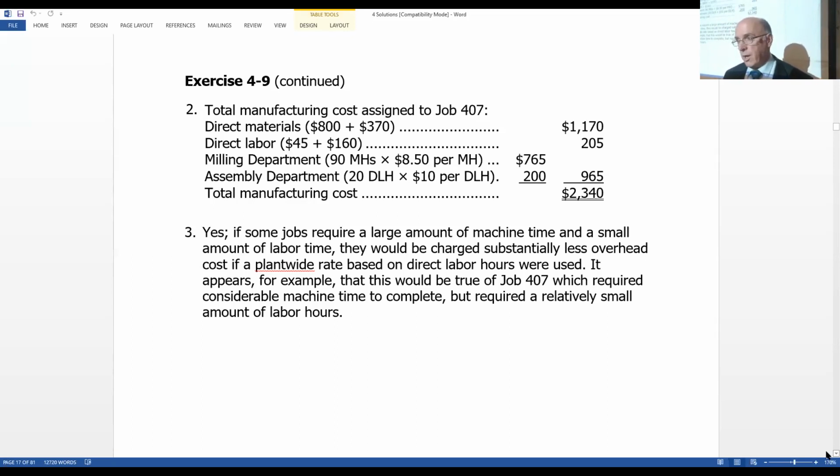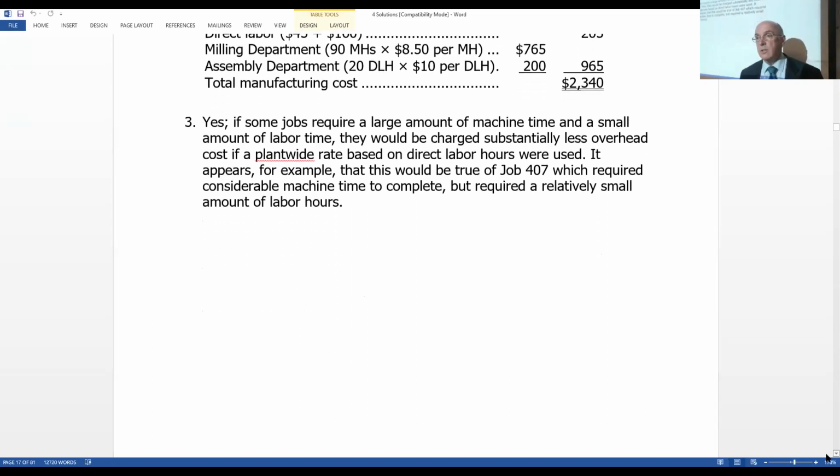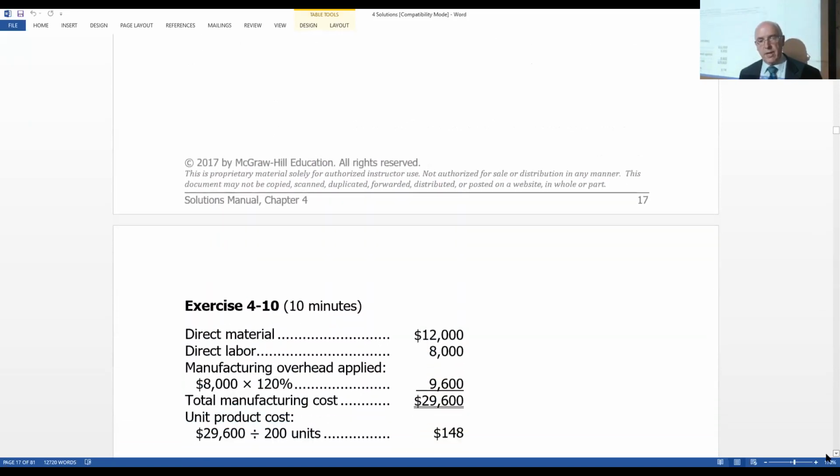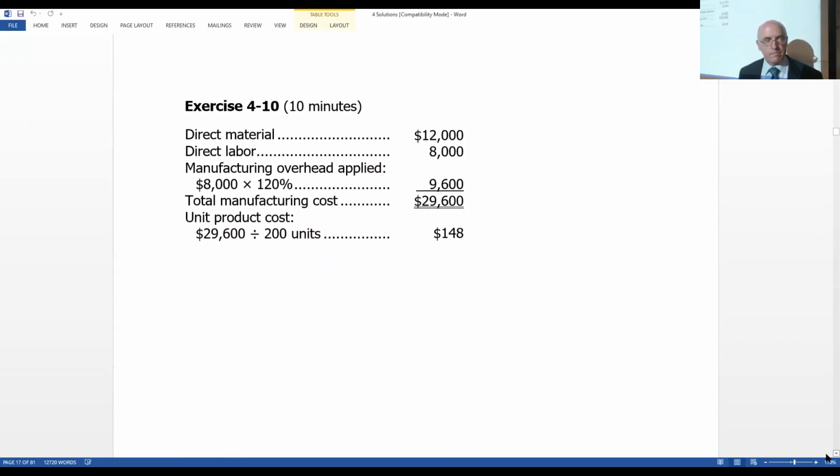Those are both cost drivers, but they have a different effect on costs. So we don't have to come up with numbers. It says no computations are necessary because it's a theoretical question. Again, the advantage is it's easy. The disadvantage is it's not as accurate.